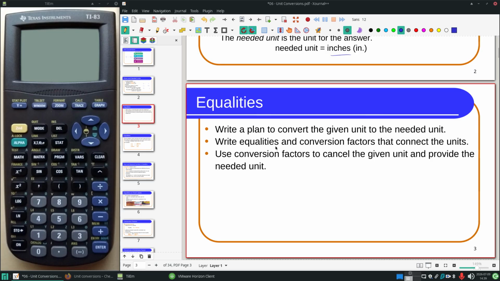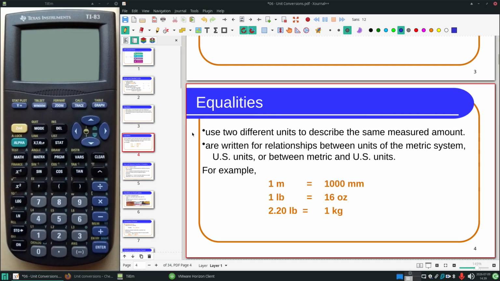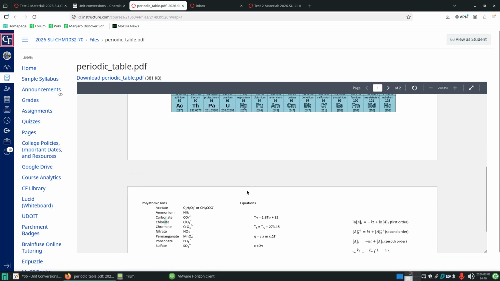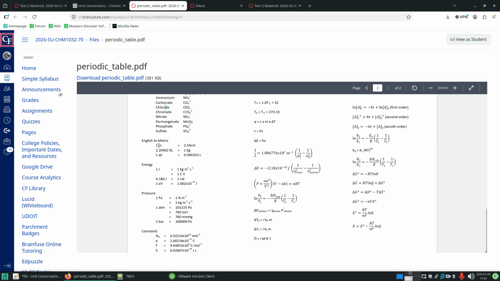We're going to look for equalities, and we're going to call those conversion factors, and we'll have them from various different sources, but that is the actual strategy. Like for instance, the meters to millimeters probably wouldn't work out too well. Pounds to ounces wouldn't, pounds to kilograms. But if I go to the periodic table I provided you, I did give you inches to centimeters.